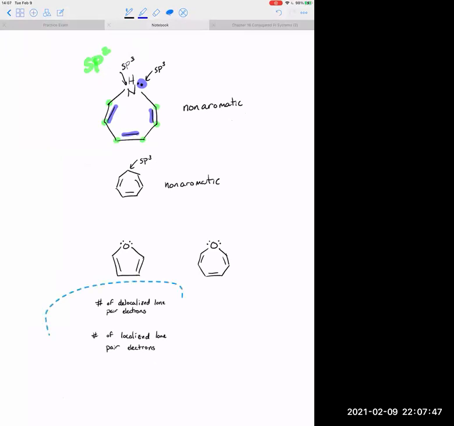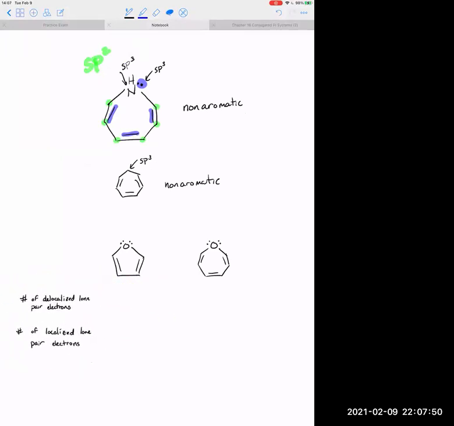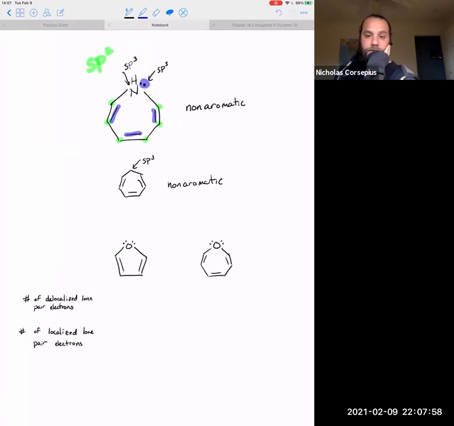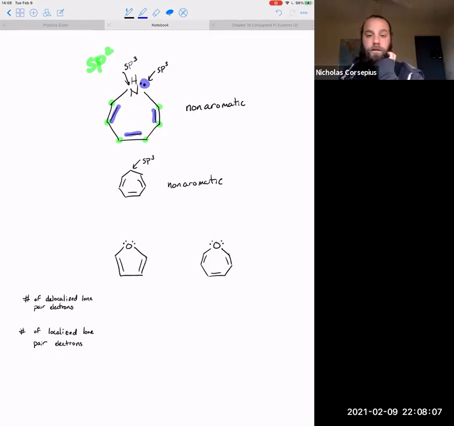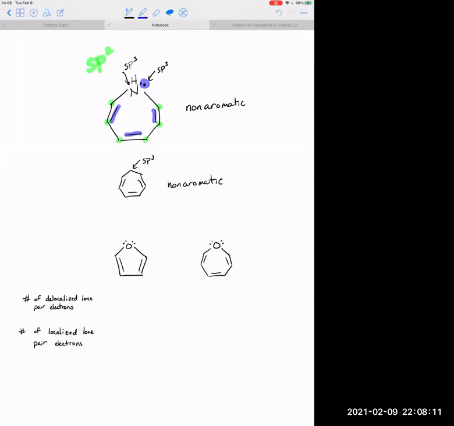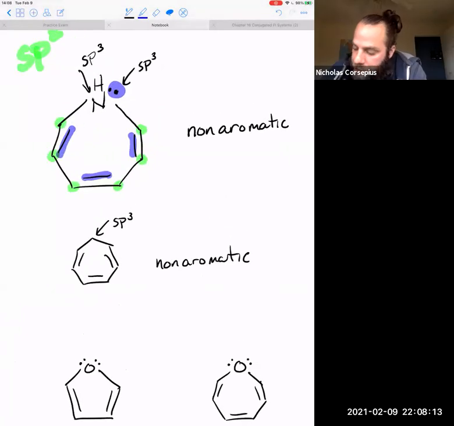What did you say? The example with the nitrogen, were they both aromatic or non-aromatic? No, the first one was aromatic. Right, but the one with the 1, 2, 3, 4, 5, 6 carbons is non-aromatic, because if this pair of electrons on the nitrogen was included, it would be anti-aromatic.